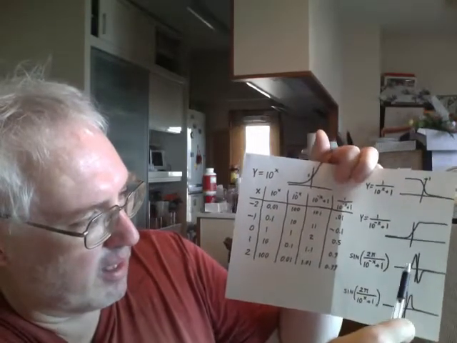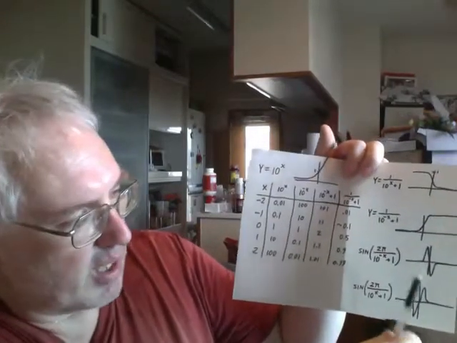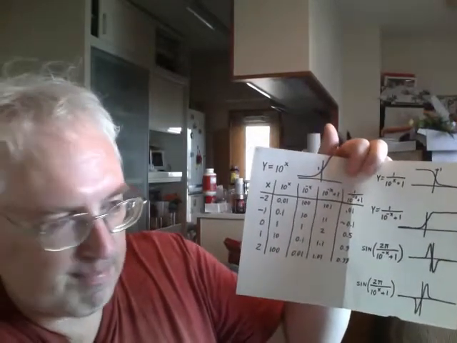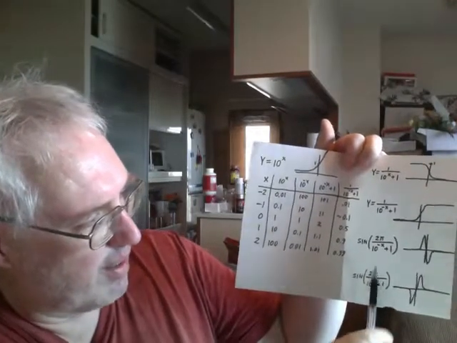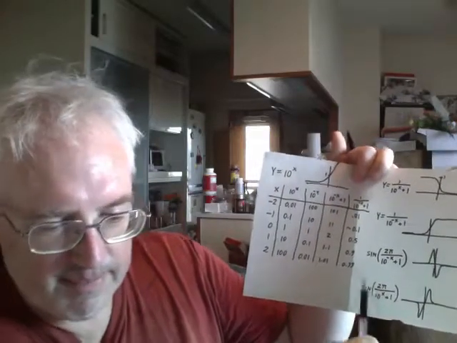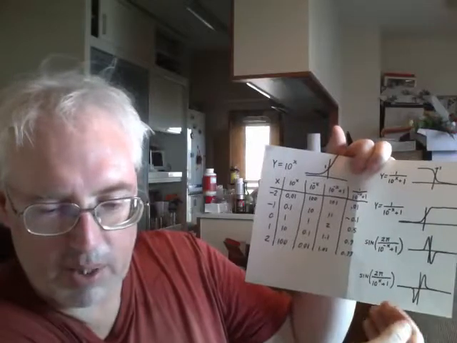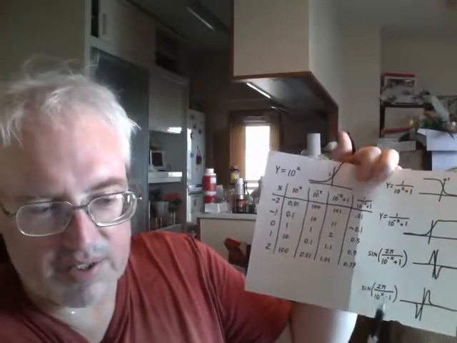So this is going down first and then up. Otherwise it's the same as this, which makes sense because the only difference here is we've changed x to negative x. And as I said, that works for any function. Any function that you want to swap left and right, just change the x to a minus x.